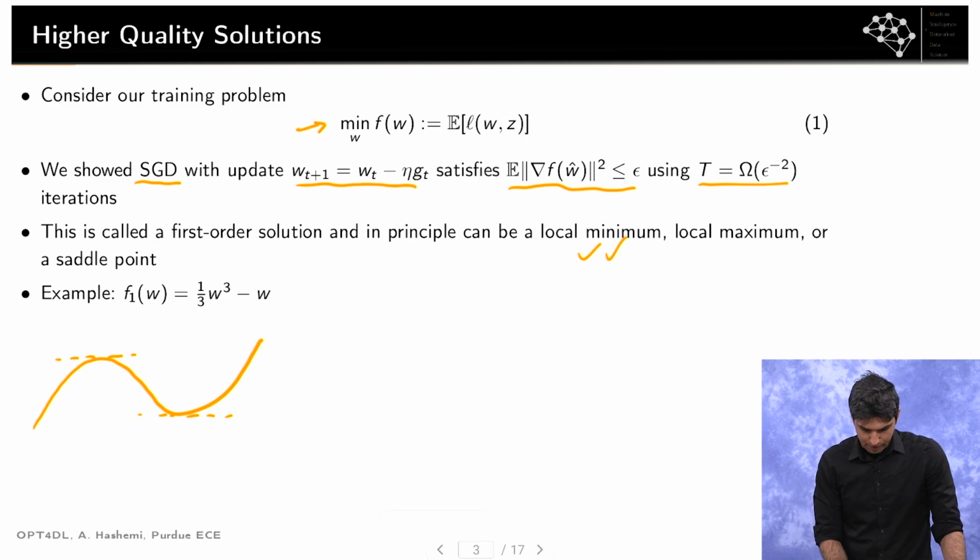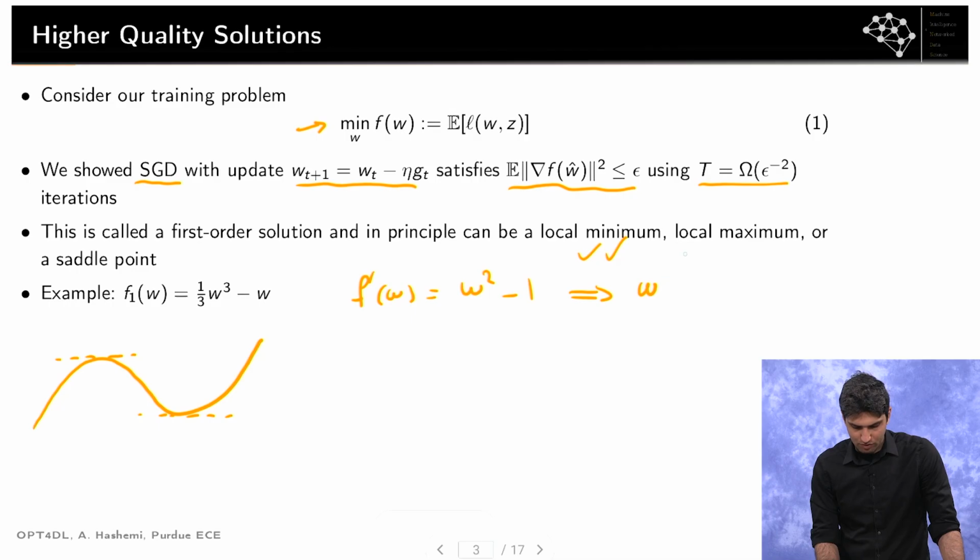So let's find the derivative in this case. The derivative of the function will be w squared minus 1. If we set it equal to 0, then we find that we have two solutions. Let's call them w hat, which are plus and minus 1.